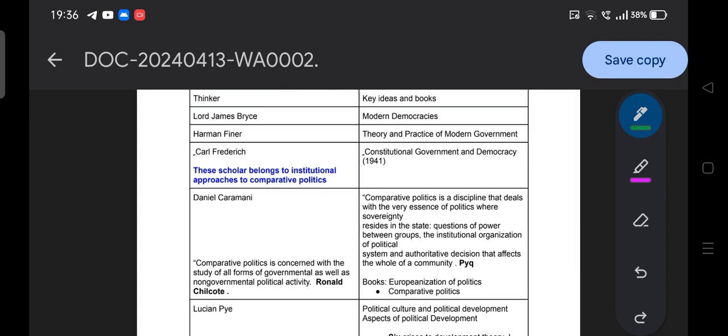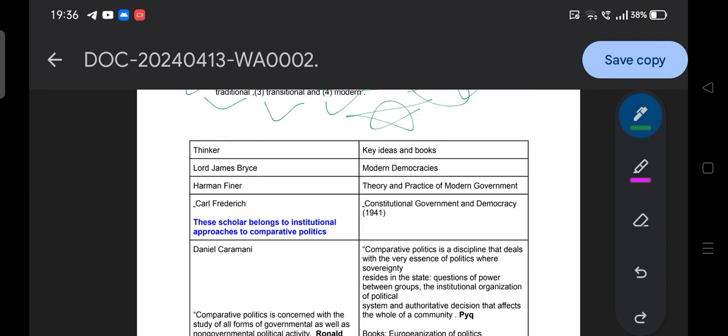Now I am going to provide you a table in which I am going to discuss the different thinkers and their key books, contribution and concepts, and that is going to be very important in the examination. If you notice, a lot of match-the-correct-incorrect-pair questions are there in our examination.